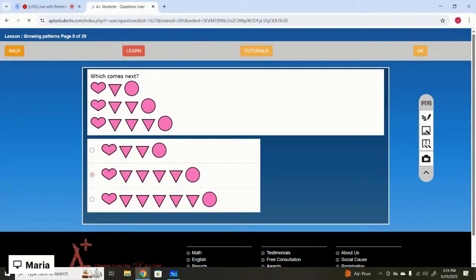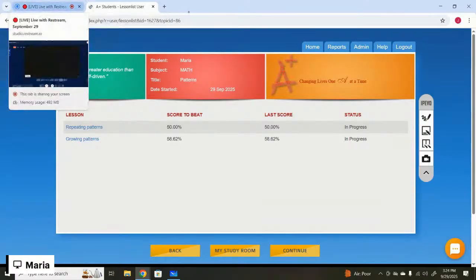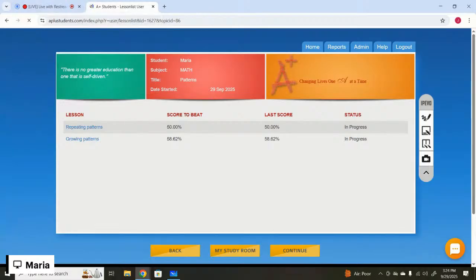Okay, you can complete it yourself later today. We are done with the chapter patterns. Let's move on to the next lesson.